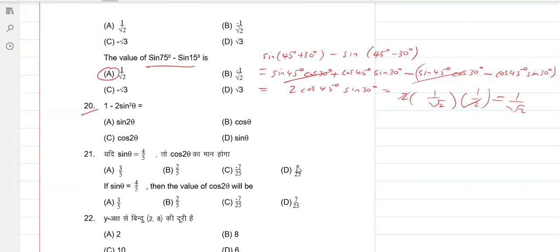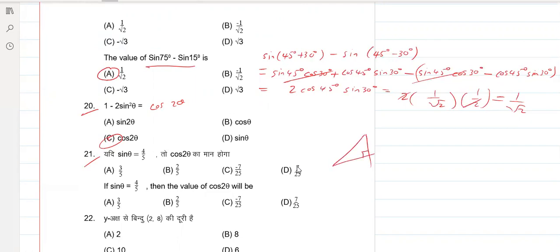Let us look at question 20. 1 minus 2 sine squared theta is equal to, what's 1 minus 2 sine squared theta? That is just cos 2 theta. Solution is C. 21. If sine theta equals 4 over 5, then the value of cos 2 theta will be, so let us draw a triangle.